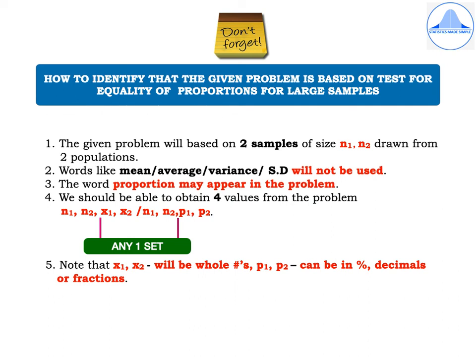The fifth point to keep in mind is that x1 and x2 will be whole numbers because they are the number of units which possess a given attribute in their respective samples, whereas p1 and p2 should be in percentage, decimals or fraction. That is, small p1 and small p2 are the sample proportions.